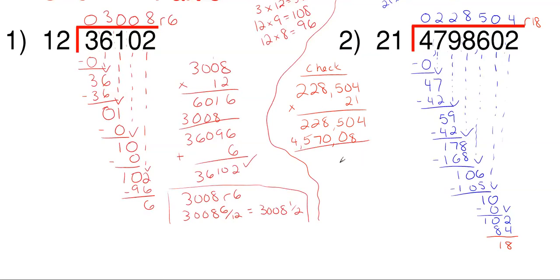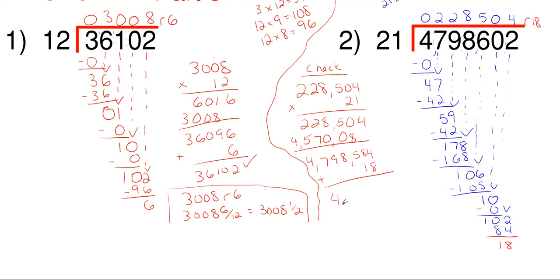So then we're just going to add these two together, and we end up with 4,798,584. And then lastly, we're going to add back in our remainder, which was 18.